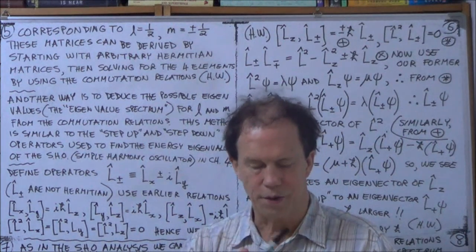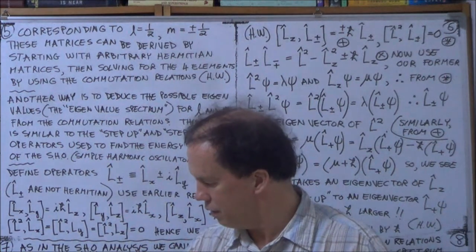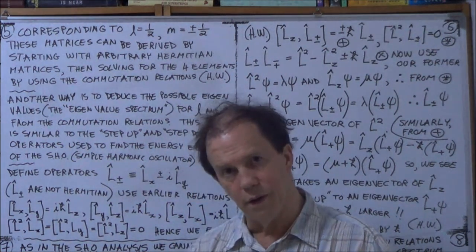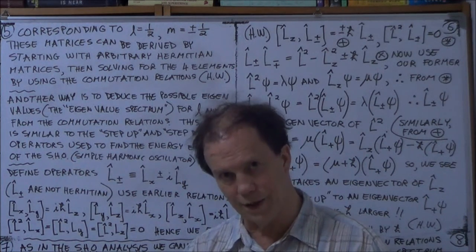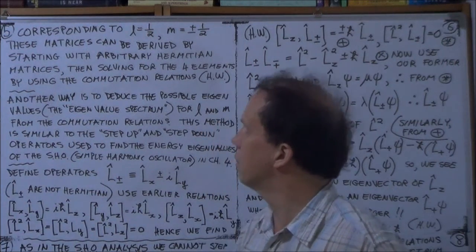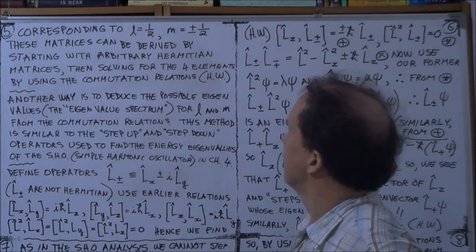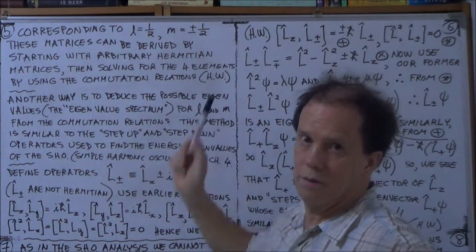Apply all those constraints and the commutation relations, and see if you can derive the 2 by 2 matrix representations for Lx, Ly, Lz, and L squared. I ask you to do that for homework.